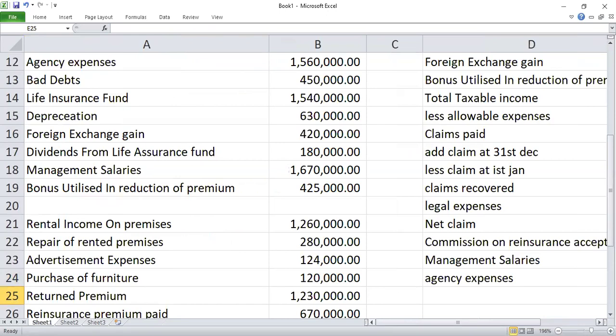And if you look at the Income Tax Act, there's what we call specified sources of income. Some examiners will require you to specify the sources of income for the rental income.